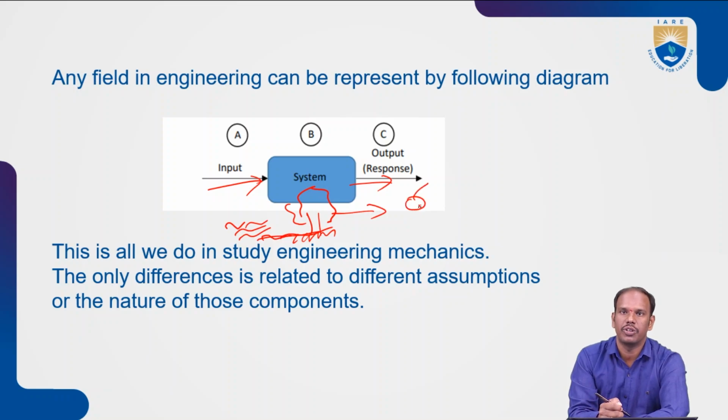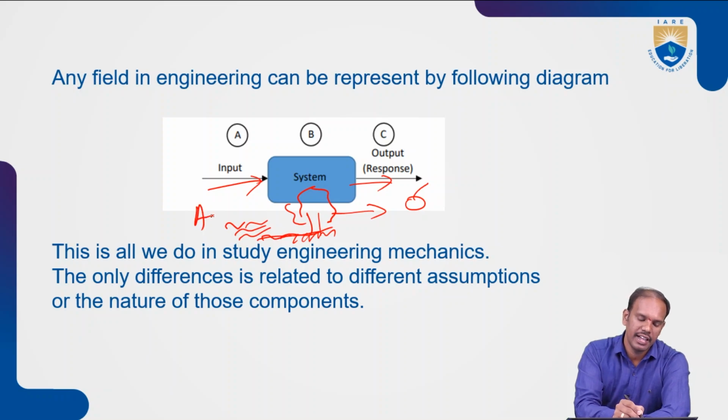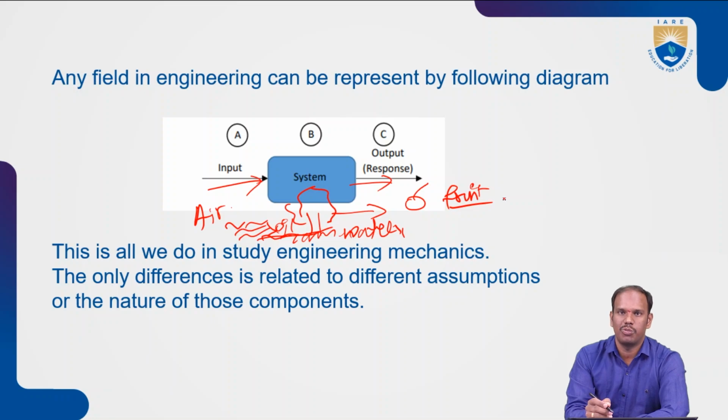That is one of the natural systems. If we give air, soil and water as an example, the fruit will be the output.